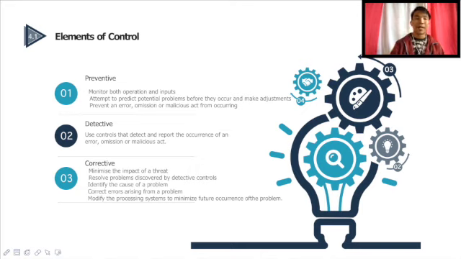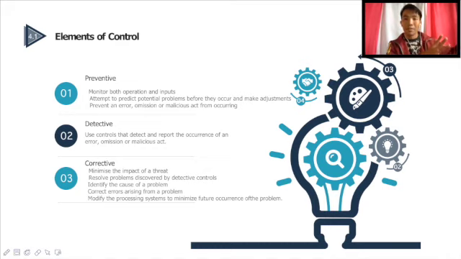And kapag nandun na yung threat, nandun na yung risk, are there corrective controls that are in place? Are there corrective controls to correct the issues, correct the error, to remove the malicious activity? That's corrective. Are there controls to resolve problems discovered by detective controls? Ganun. So parang ano yan, may level.